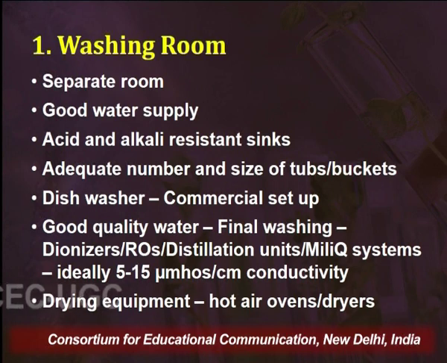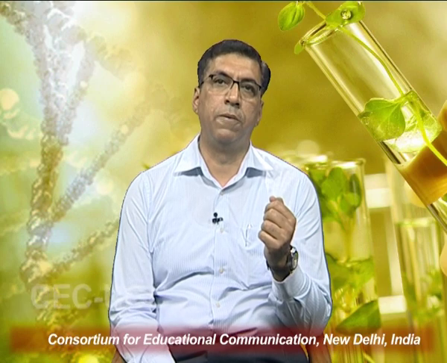Along with these requirements, the washing room should also have drying equipment, because after washing the glassware or plasticware you have to dry it. So for proper drying, hot air ovens or dryers should be there which work at a suitable temperature which does not damage the plasticware. So appropriate dryers should be installed as per the requirement.